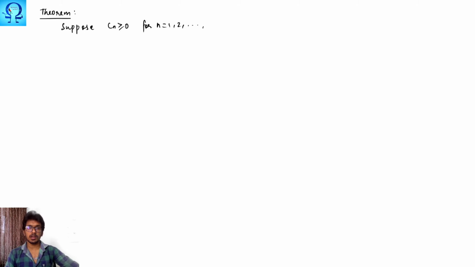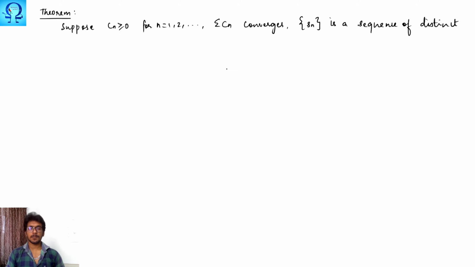And this sequence of non-negative terms is given and summation cn, which means the series formed with respect to the sequence, is a convergent one, and Sn is a sequence of distinct points in open interval (a, b), and alpha of x is defined to be summation n runs from 1 to infinity cn multiplied with I of x minus Sn.